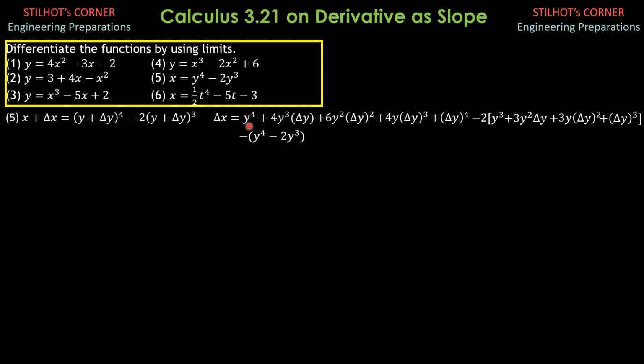So y to the fourth will be eliminated, and we have negative 2y cubed here, eliminated also because we have positive 2y cubed here.